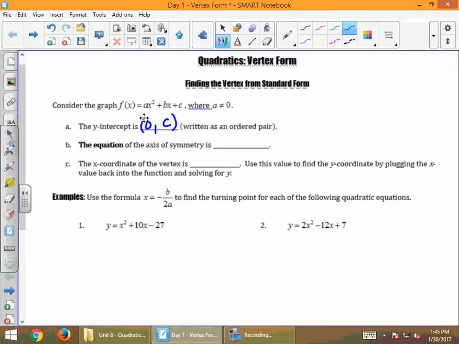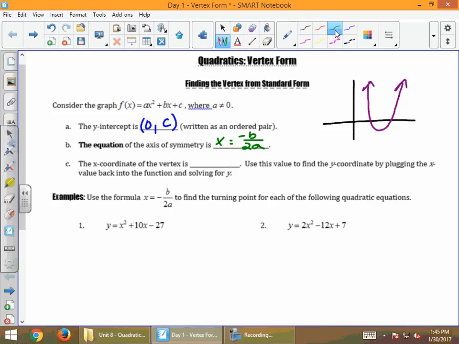The equation for the axis of symmetry is x is equal to negative b over 2a. You're going to get those b and a values from your equation. Refresher on what the axis of symmetry is. Let's say you have a quadratic that's graphed, like so.